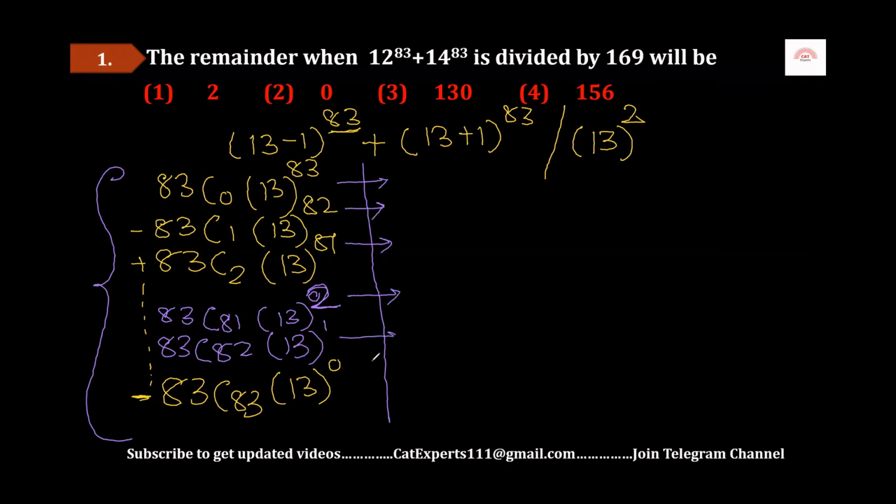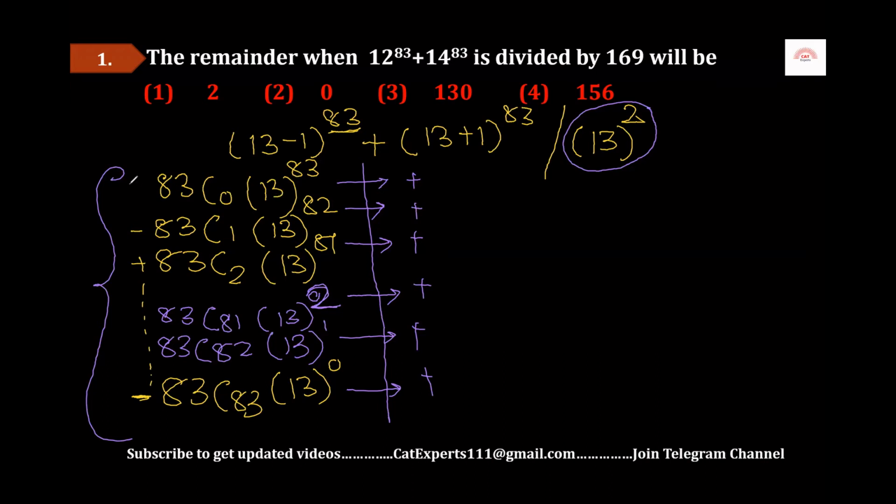I will not write it. The only change, all the terms are going to be positive. And all these terms have to be divisible by 13 square. Now, this term contains 13 raised to power 83.